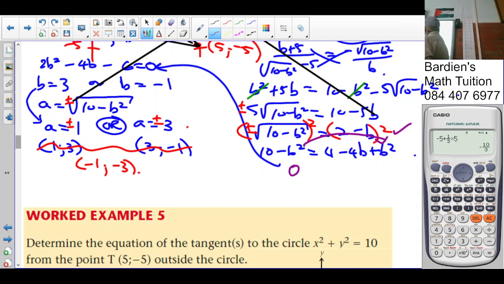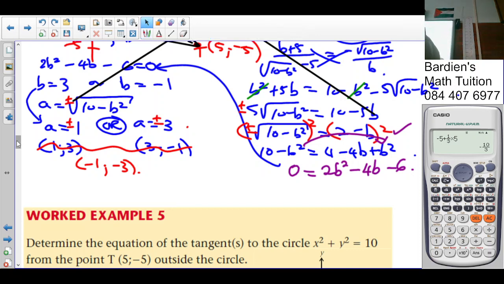Then it was going to give you 0 is equal to 2b squared minus 4b minus 6. Then I should have gotten the sum right. That's it. I have to take it one step further, and I would have gotten the answer. So all the steps I was applying there were actually correct. Absolutely correct. My only mistake was I didn't take it further.